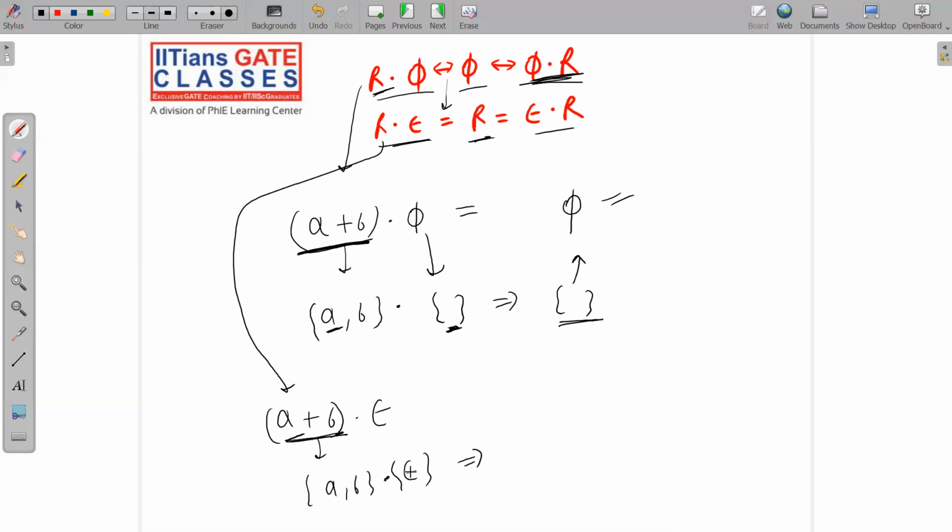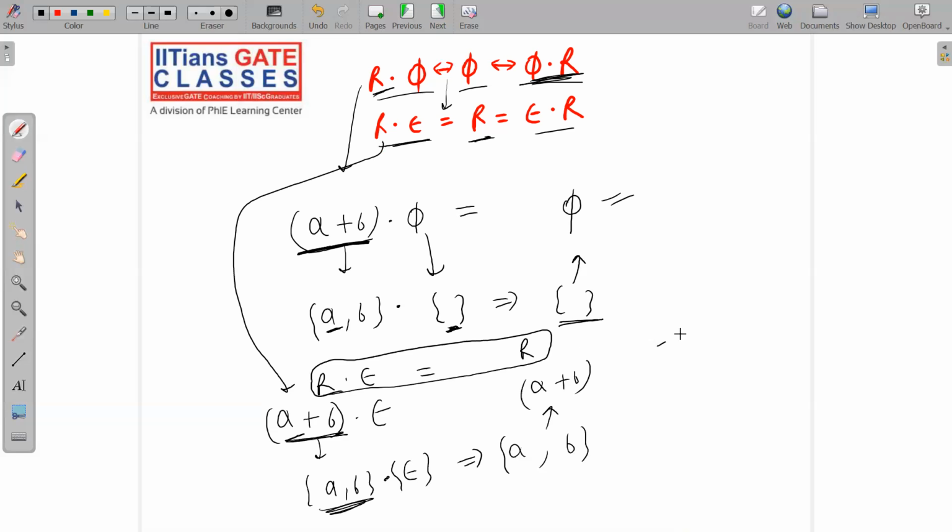Now you just concat these two. a dot null will be a, b dot null will be b only. So I am getting a comma b, which means the same language itself. So the regular expression corresponding to a comma b will be a plus b itself. So if r is a regular expression and you concat it with null, you get the same r only. I hope I have made the point clear.